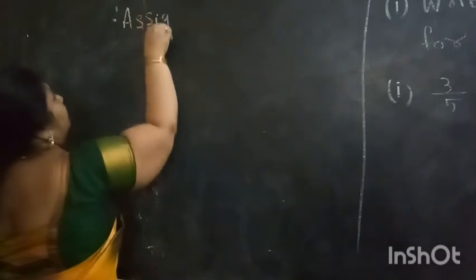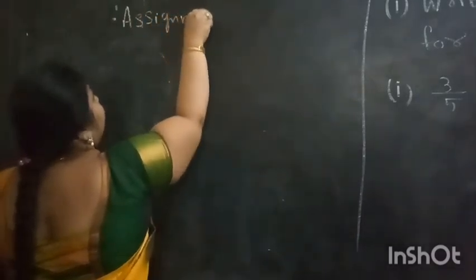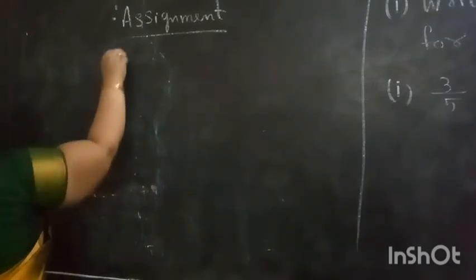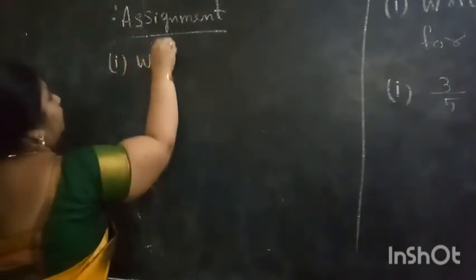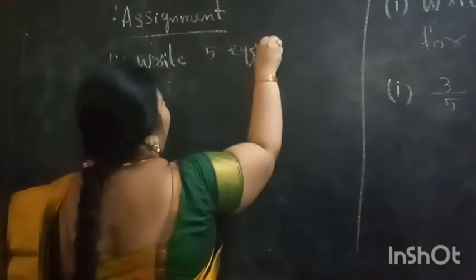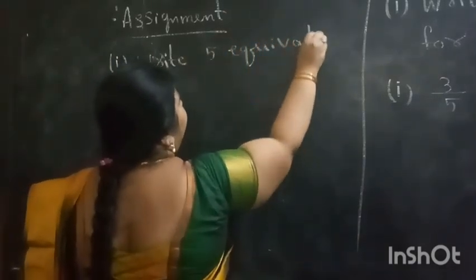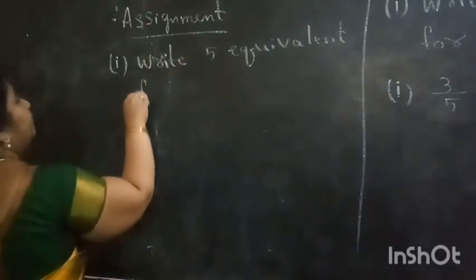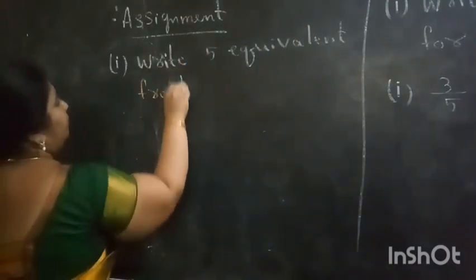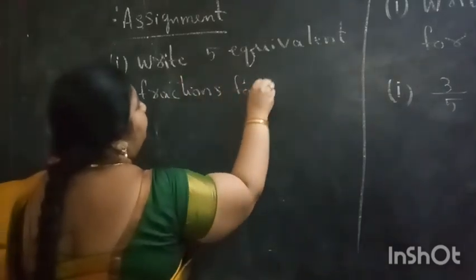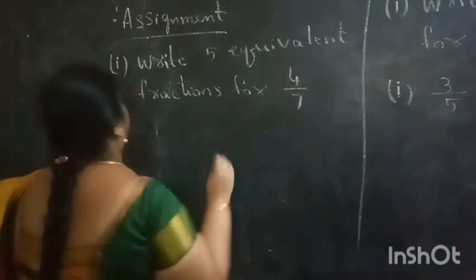Before I close my class, I will give you the assignment. Write 5 equivalent fractions for 4 by 7.